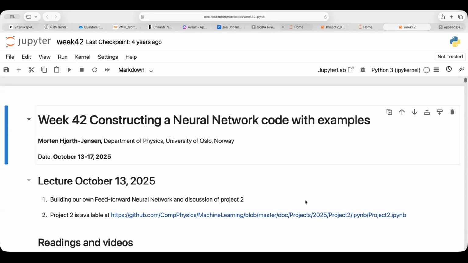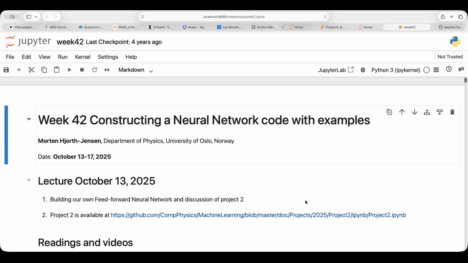Last week in the exercises for week 41, the main task was to set up what we call the forward step, the feed forward step in a neural network. That means that you send through the input, the network then modulates the input and produces an output, which is then compared with the target values.